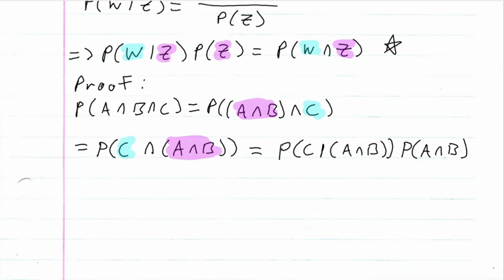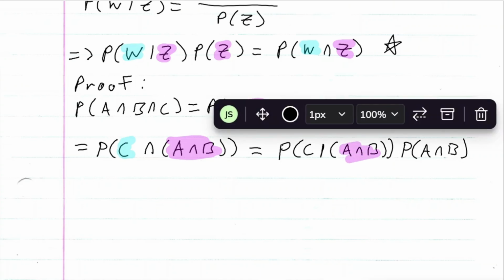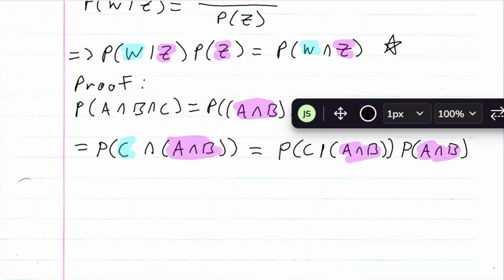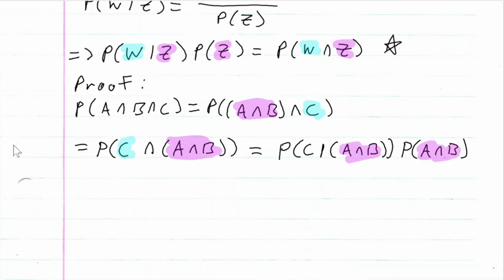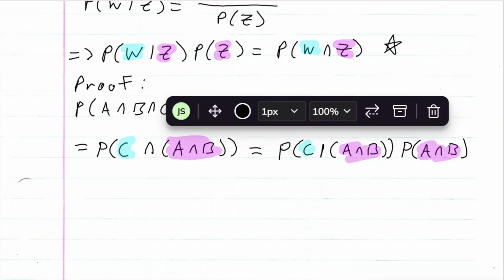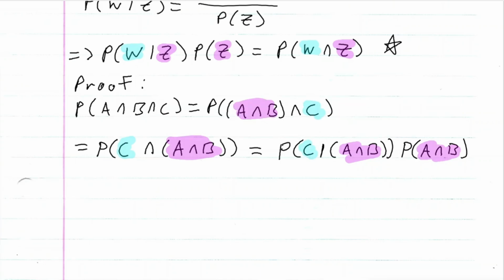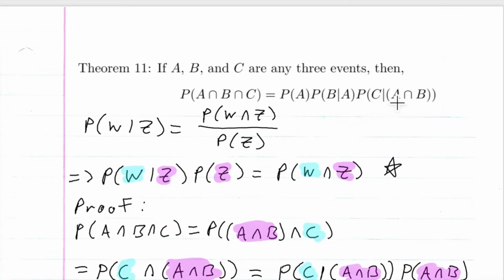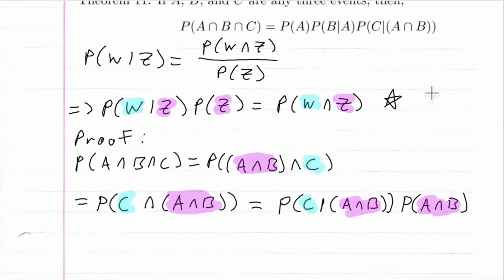Let's have A intersection B as my purple, and then C is my blue. So now notice, at least for my theorem, I have C given A intersection B.